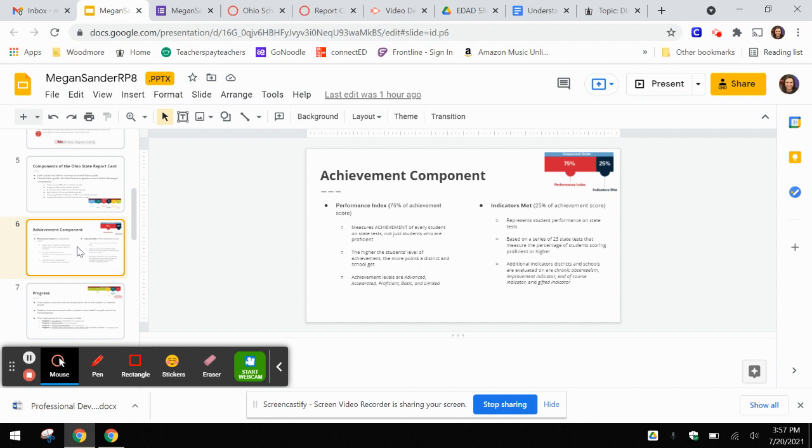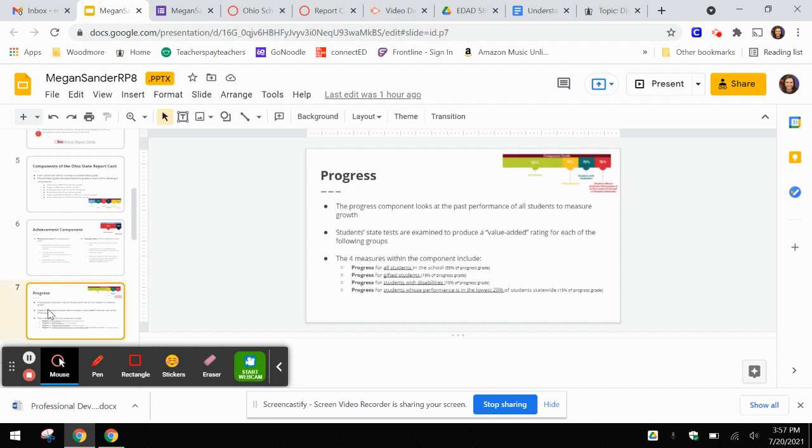But then there are additional indicators that districts and schools are evaluated on, and those include chronic absenteeism, an improvement indicator, end of course indicators, and a gifted indicator. So that's 4 additional ones. So that is the achievement component.